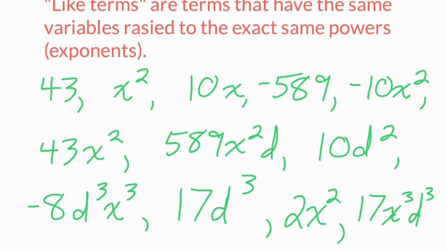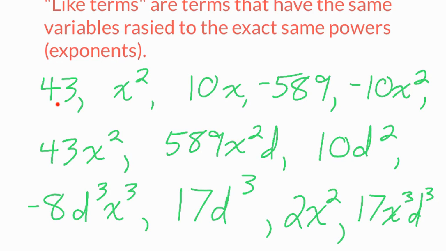Alright, so let's start talking about which terms are like terms. We'll start with the first one. This term over here does not have any variables whatsoever. So we're going to look for any other terms here that do not have any variables whatsoever. This term over here, even though the coefficient, 43, is exactly the same number as this number, has an x squared in it, whereas this term does not have any variables at all.